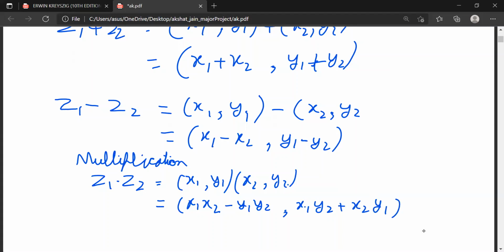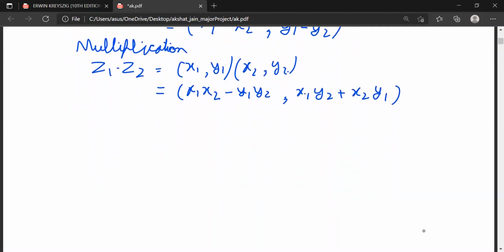This is multiplication. And similarly, we can write it in division as well.